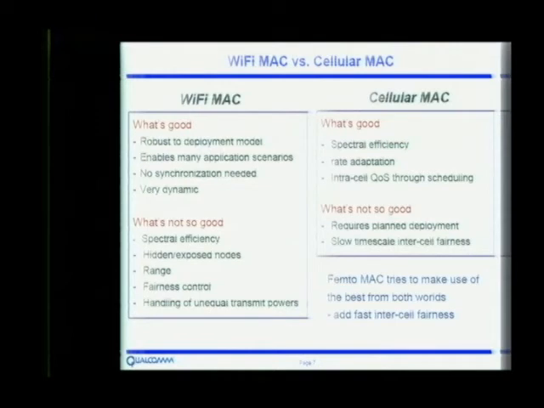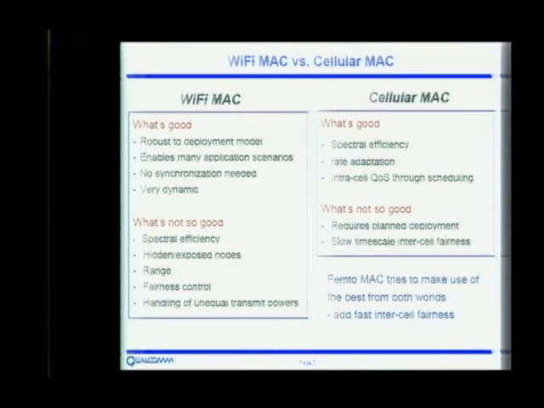Potentially you can put in some other things. And range and unequal transmit powers are issues. There are some ways you can get around unequal transmit powers, but range is a fundamental issue of the technology. You can't transmit at very low rates.